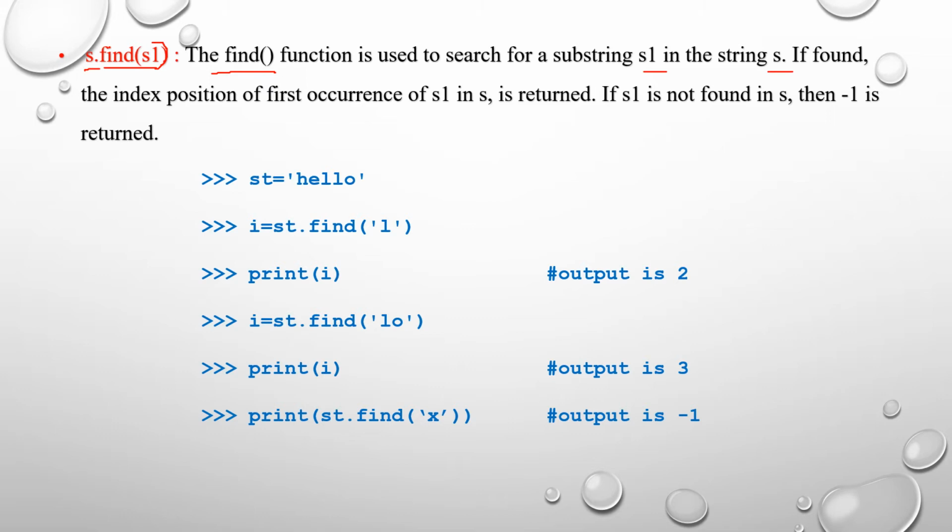If found, the index position of the first occurrence of s1 in s is returned. If s1 is not found in s, then -1 is returned. For example, take string st equal to hello, and l is the substring.